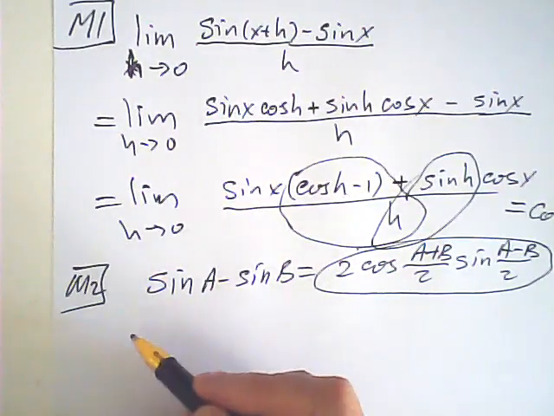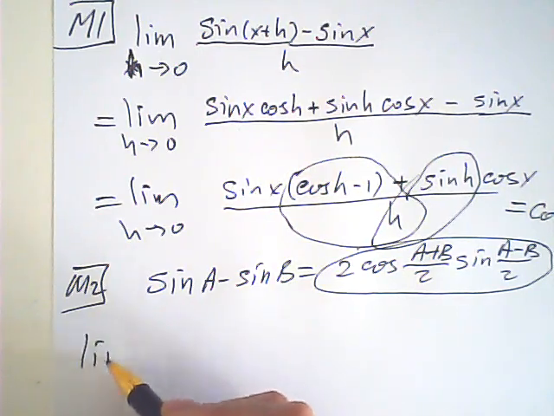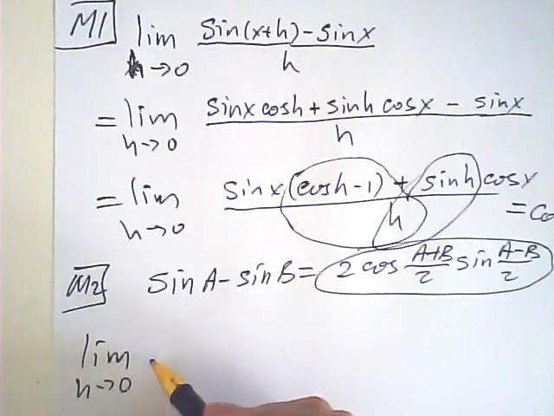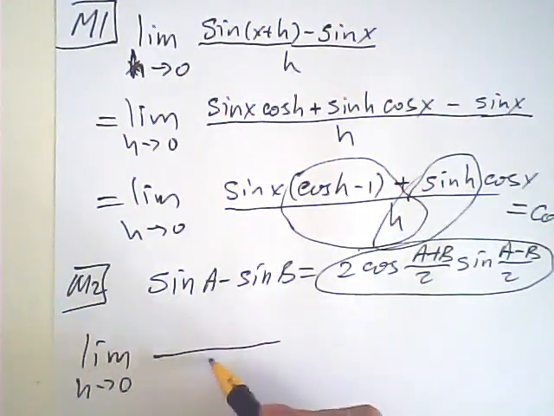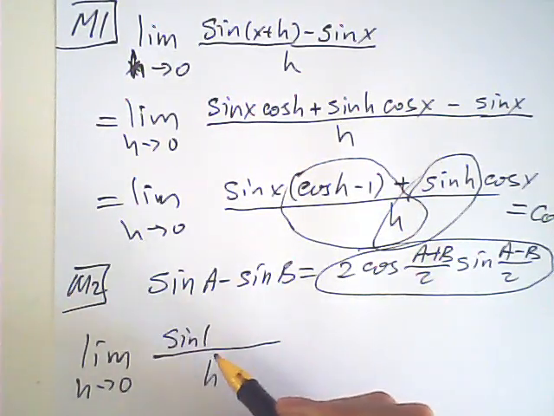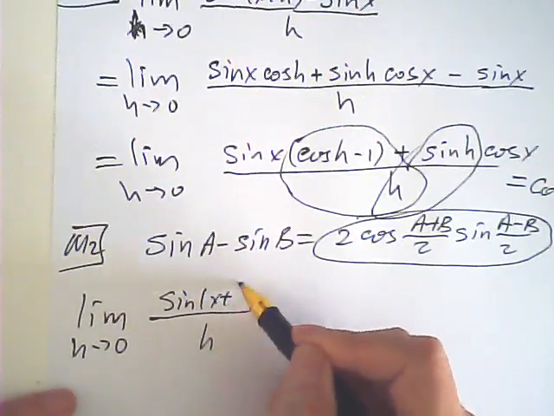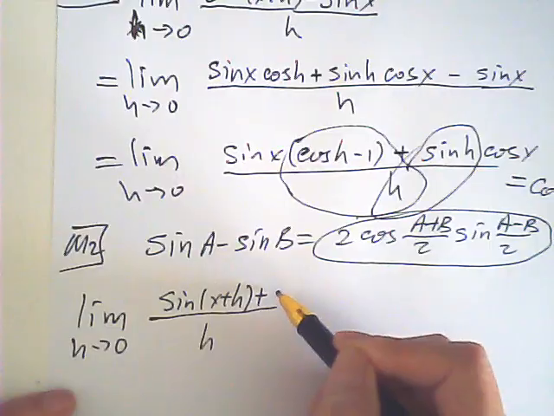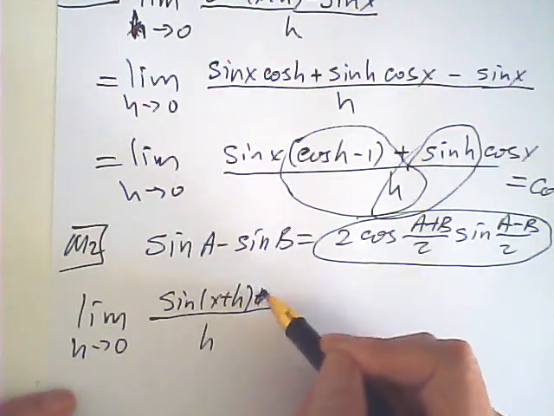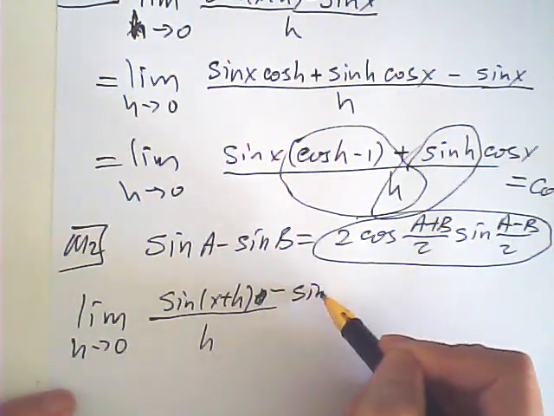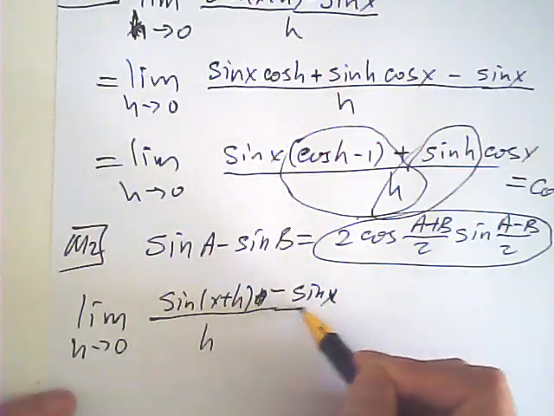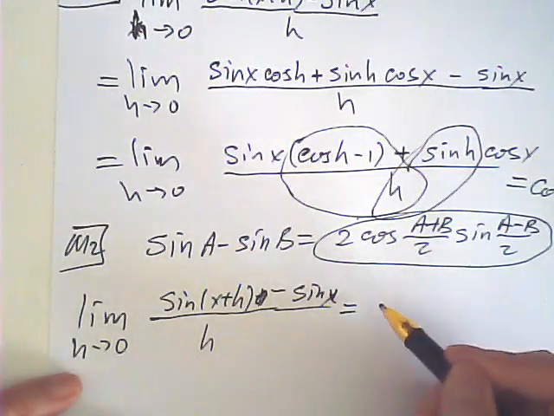So we are using this formula, the limit as h goes to 0 of sine x plus h minus sine x, over h, right?